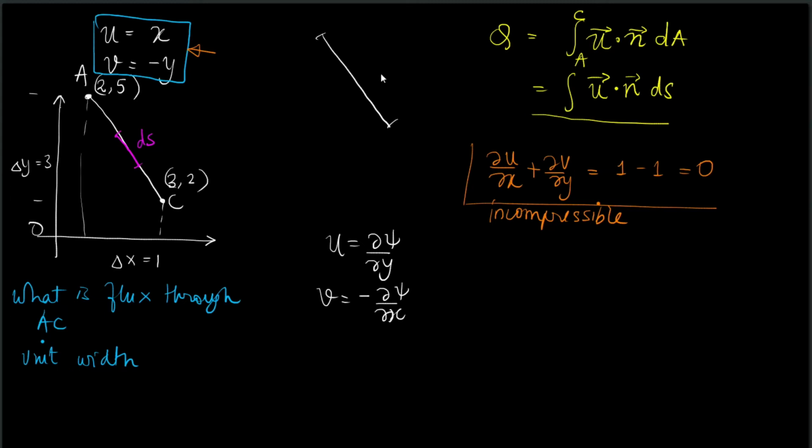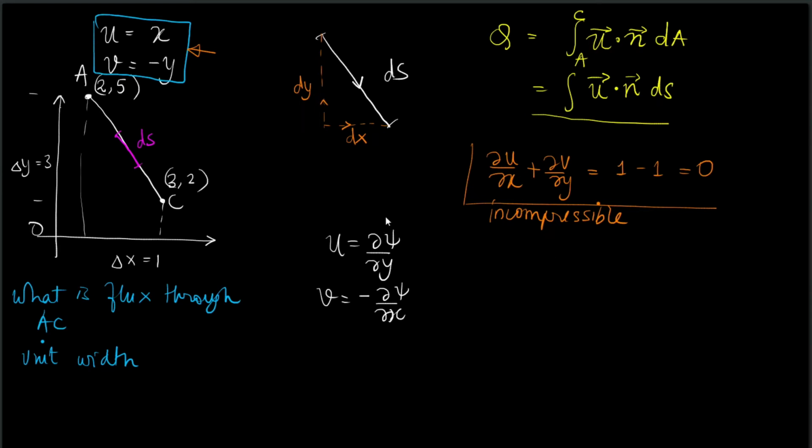So this is ds. Let us project ds along these two directions. So this is going to be dx and this is going to be dy. And dx and dy are in these directions, note, because y is pointing upward.